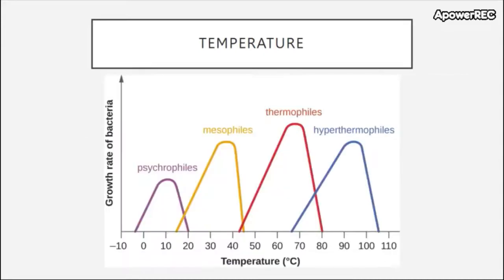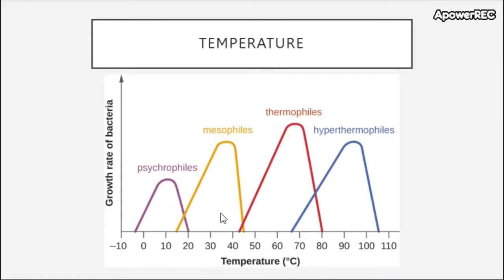So all microbes can be categorized based upon their ranges that they like to live in and their optimums. And scientists can group these into 4 general categories. So we have the psychrophiles, the mesophiles, the thermophiles, and the hyperthermophiles.